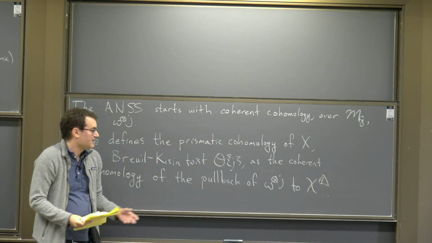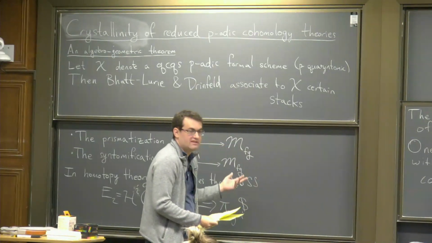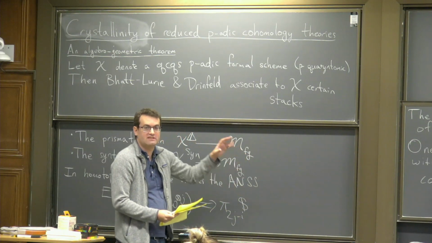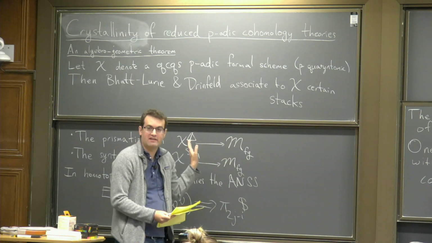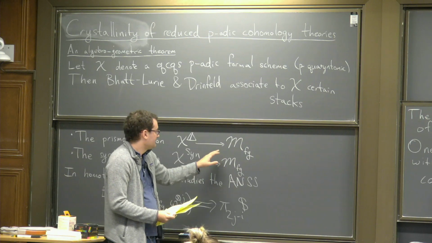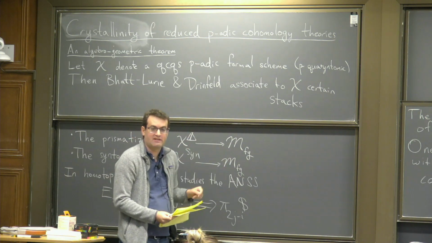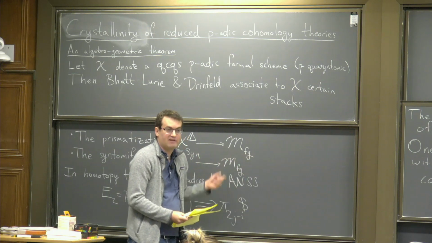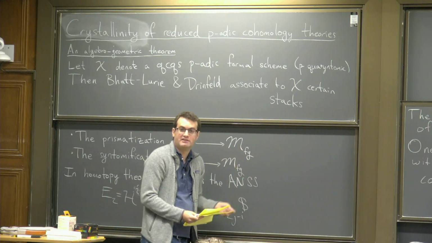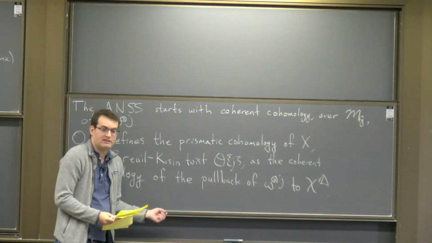So I don't think you need to know what X prism is to understand the formalism of prismatic cohomology, the way this is set up, and why it might start to be related to something in homotopy theory. We're just taking some construction based on X of some stack mapping to MFG, pulling back the bundles that give us the Adams-Novikov E2 page, and trying to calculate the cohomology over whatever X prism is.